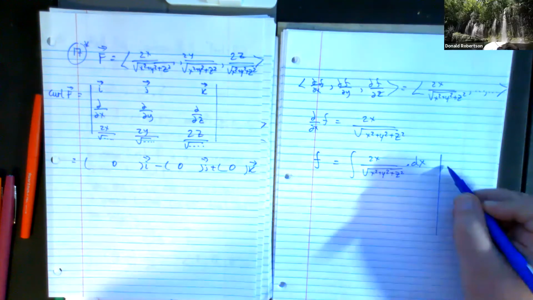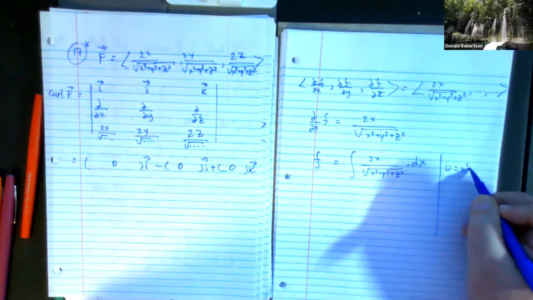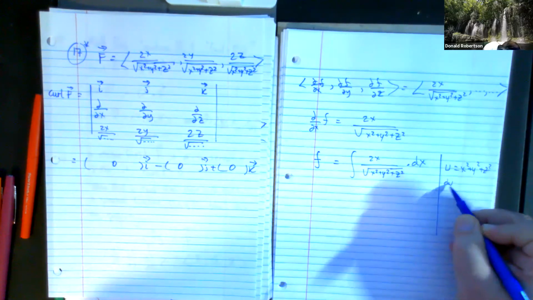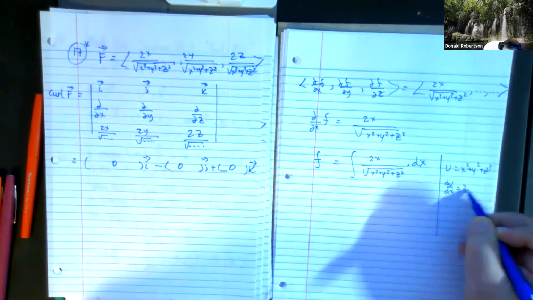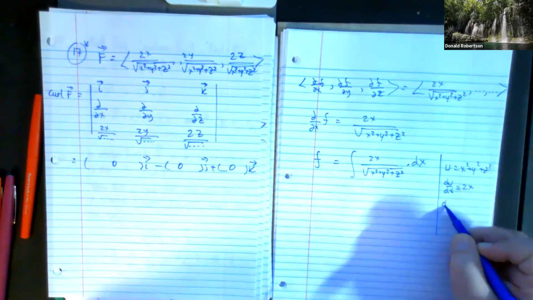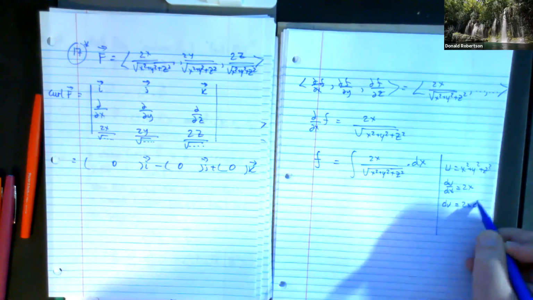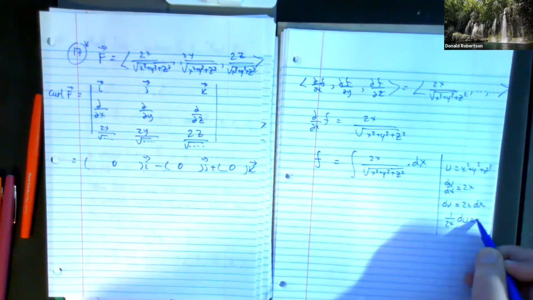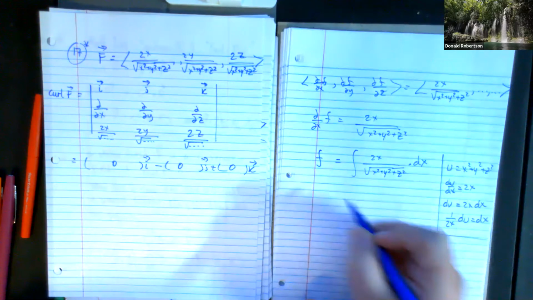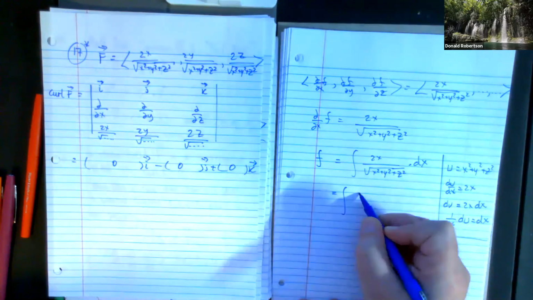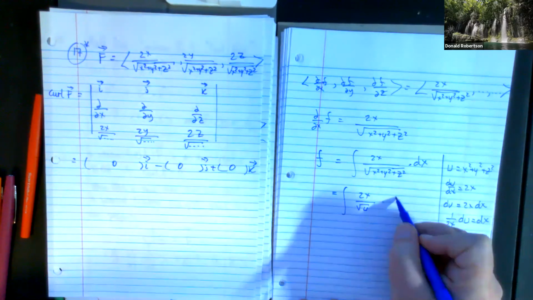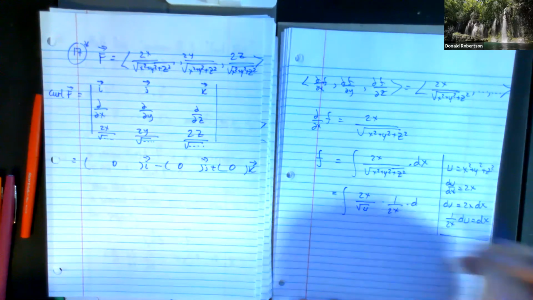And although it looks big, and it is kind of slightly big and ugly, it actually comes out quite nice. So it's the integral of 2x square root of u times 1 over 2x du.